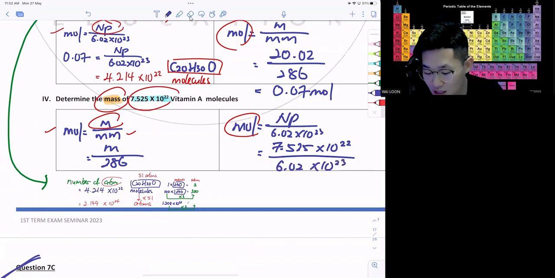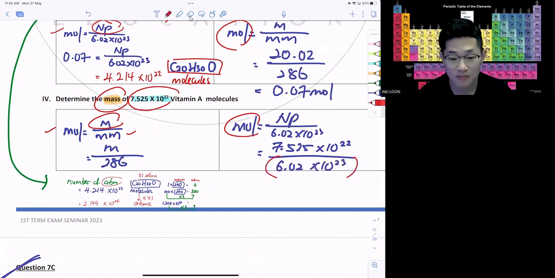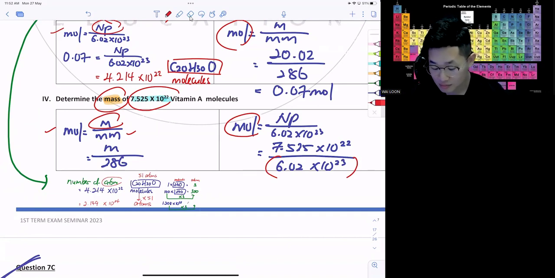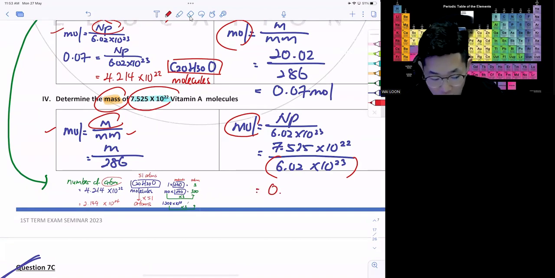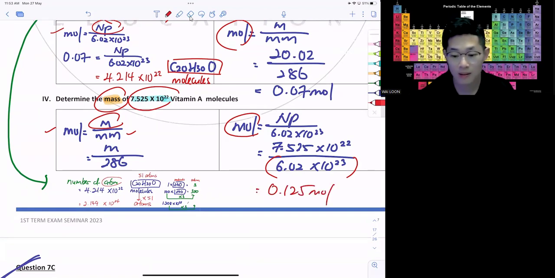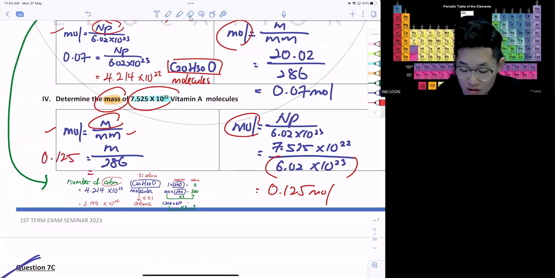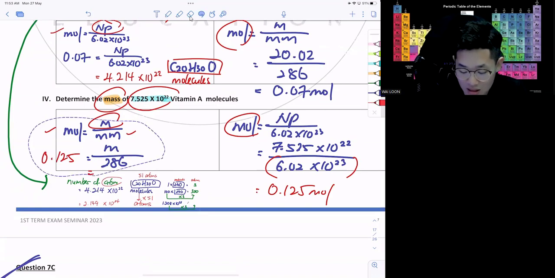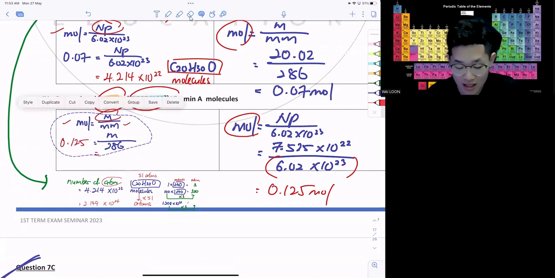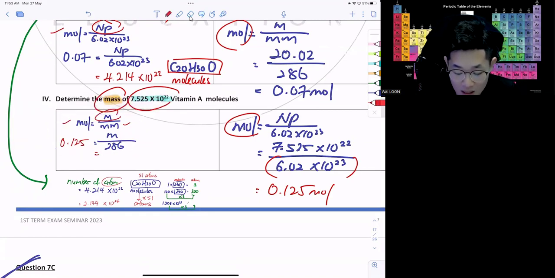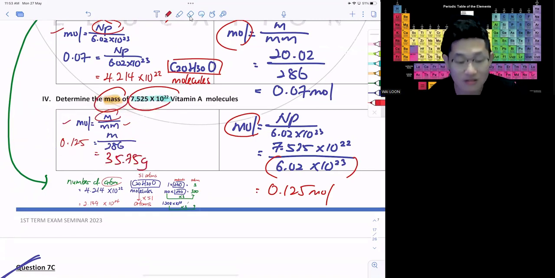When you are pressing your calculator, remember to put a bracket at the bottom so that you can get 0.125 mole. Sub the 0.125 mole into your formula, and you are going to get 35.75 grams.